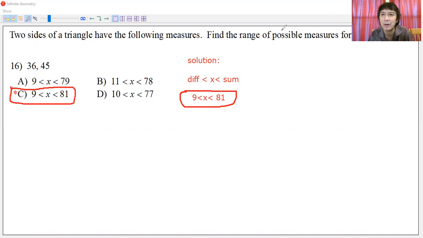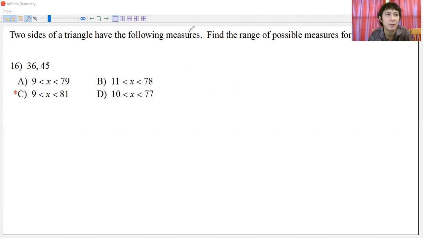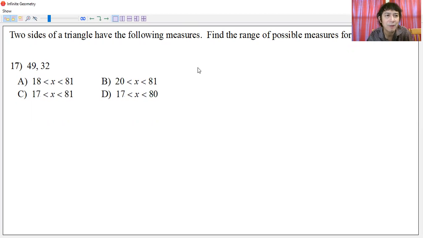Number 17. How about number 17? Here's number 17 for our solution. We have our formula.